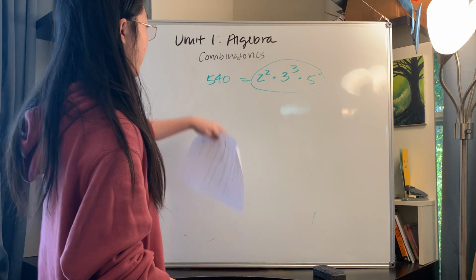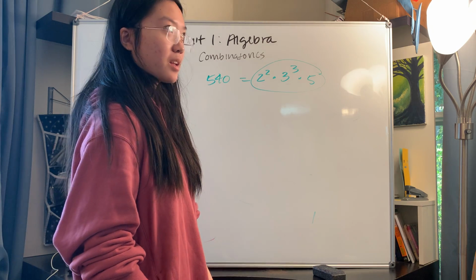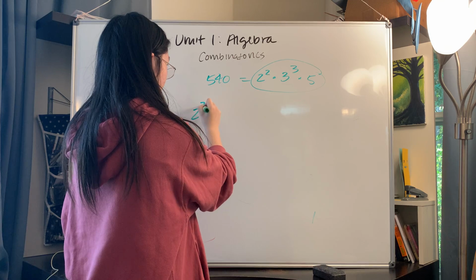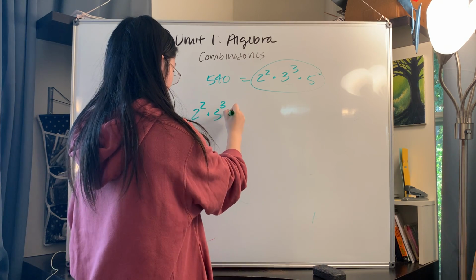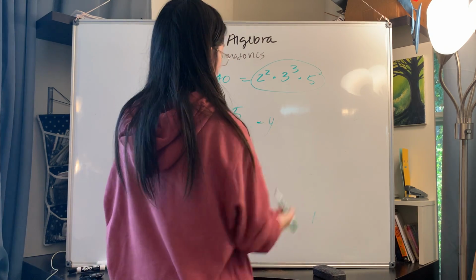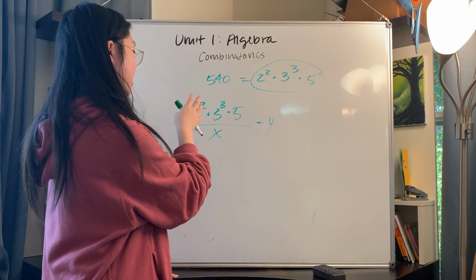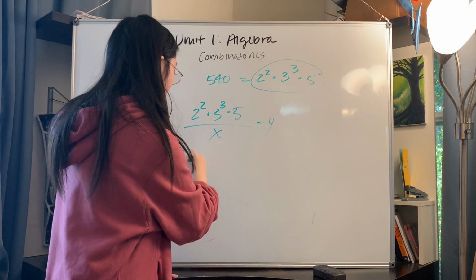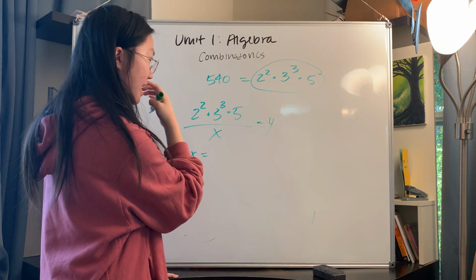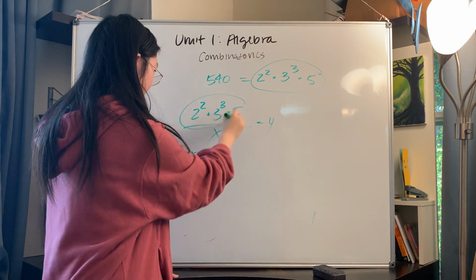When we say that 540 is equal to these numbers, and we're looking for a divisor, that means we are trying to find a number x where 2 squared times 3 to the third power times 5 divided by x is equal to y with no remainders, right? So in order for this to be fully divisible, x also has to be some combination of these numbers.